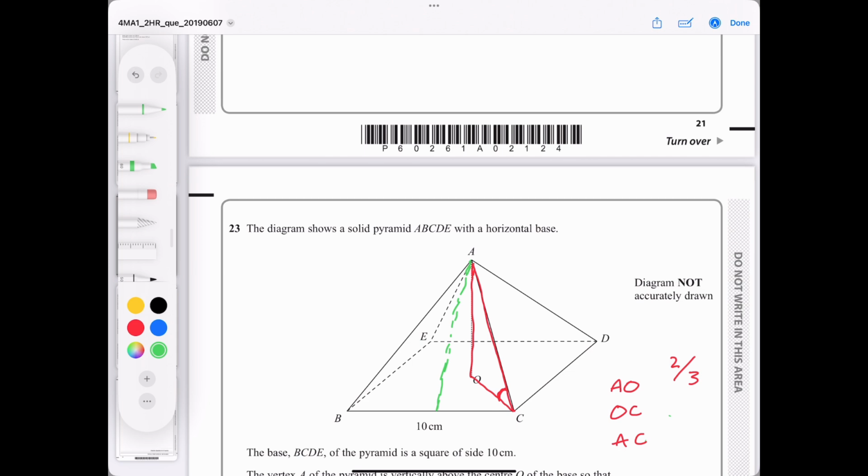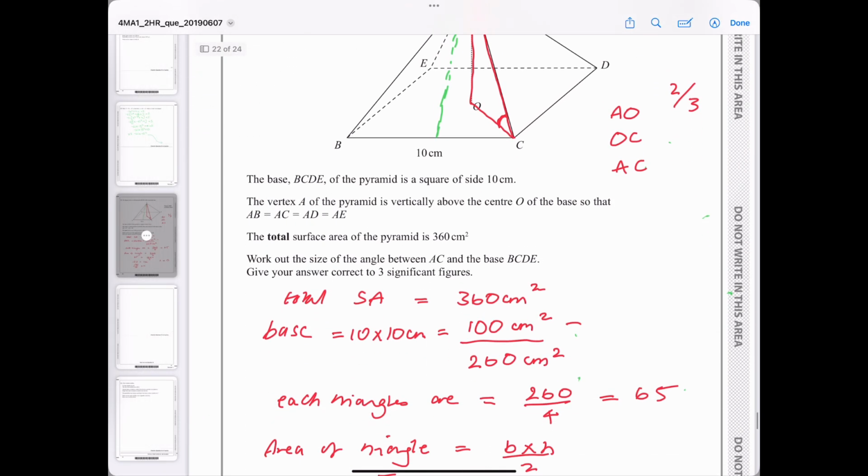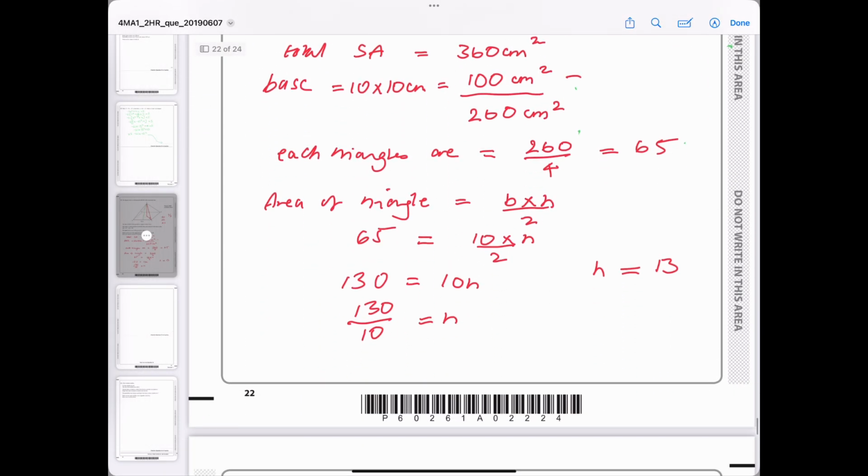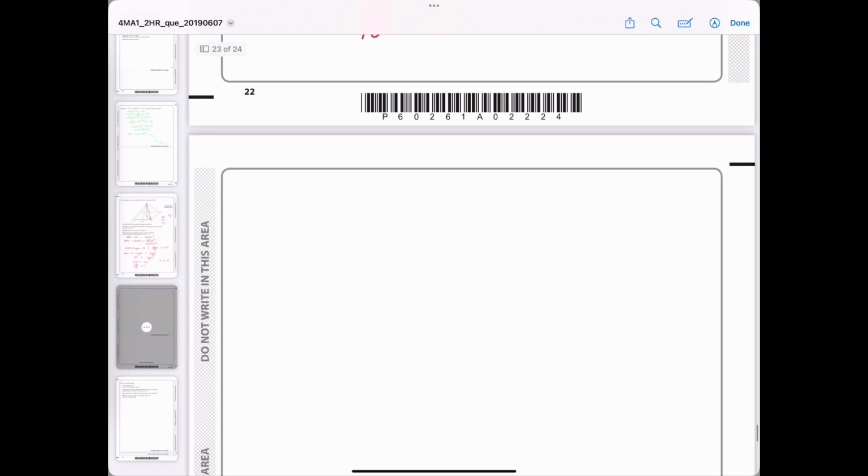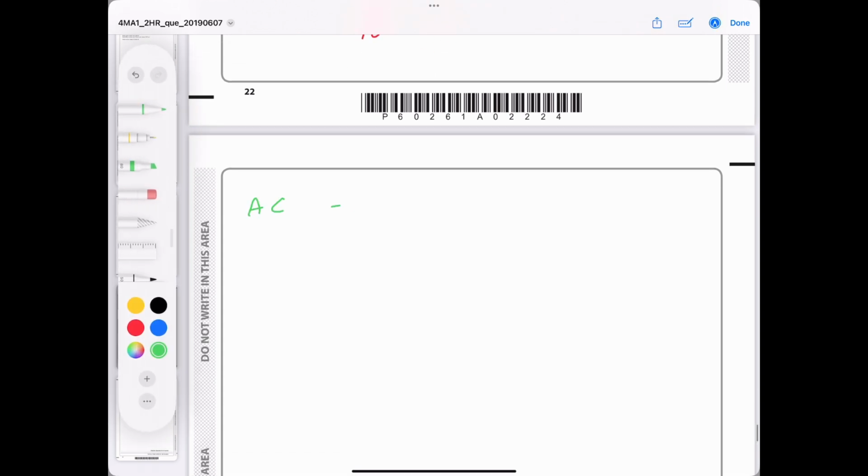So that means we now know that to find AC, so AC would equal, and this is 13, this is 5, and that is AC there. Let's put that in there. That's just the midpoint of that.